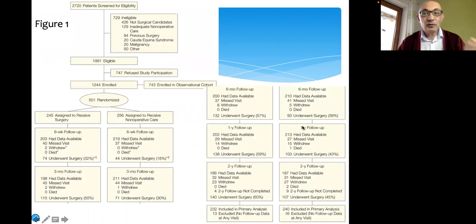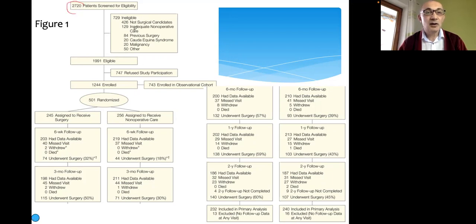What about our study, the sports study? In the sports study, we have this figure 1. If you look at figure 1, the researchers beautifully have explained all the stages of the study. How many people were eligible? 2,700.